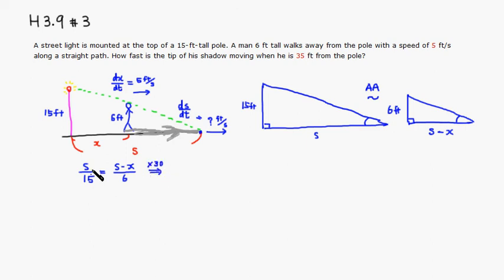That way I don't have to look at a fraction. So 15 and 30 cancel out, so 2s is equal to, 6 and 30 cancel out, then 5, so 5s minus 5x.